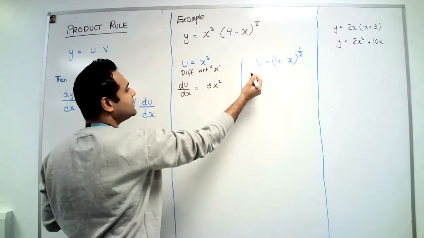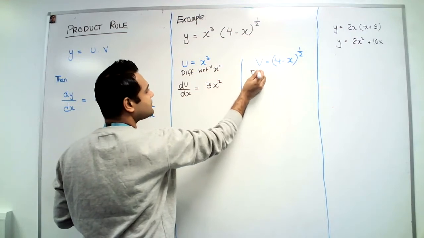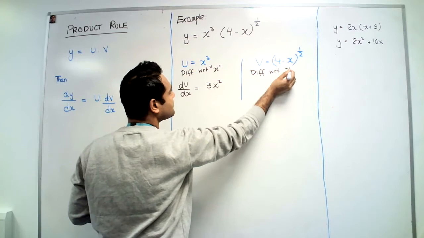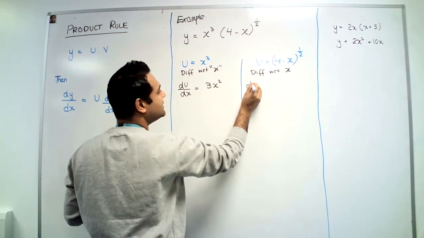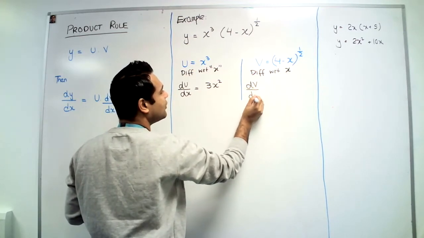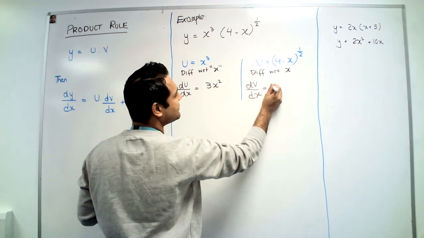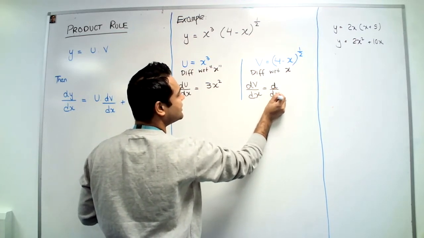Now I need to differentiate that one. That will become dv over dx. And when I differentiate, let me put d over dx. I do the long way.